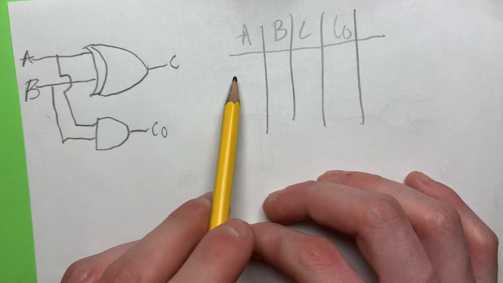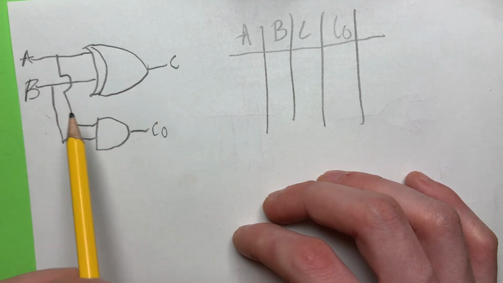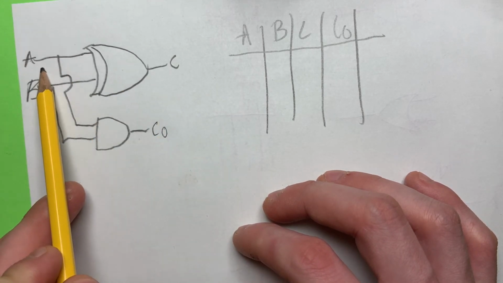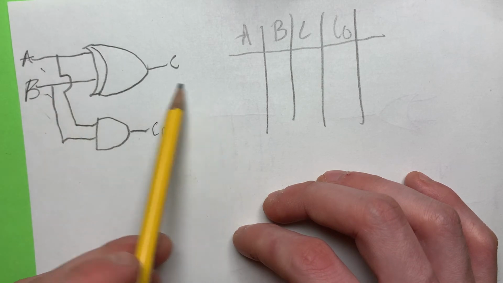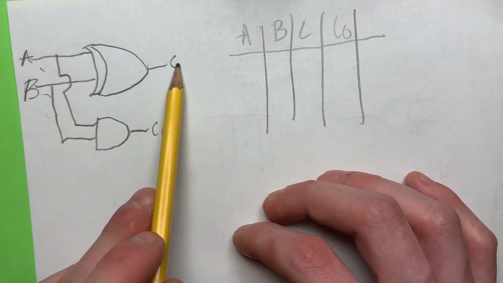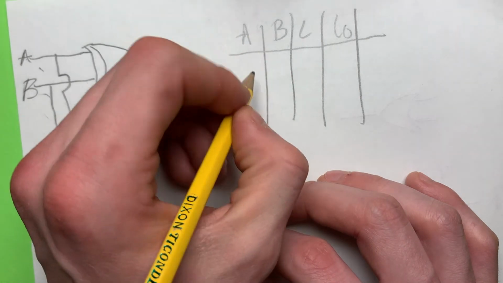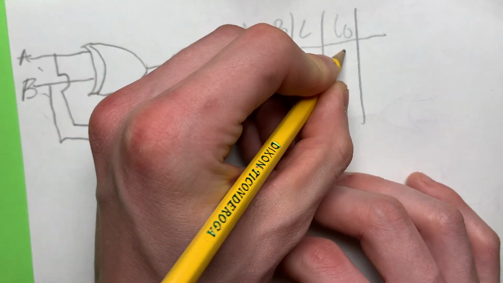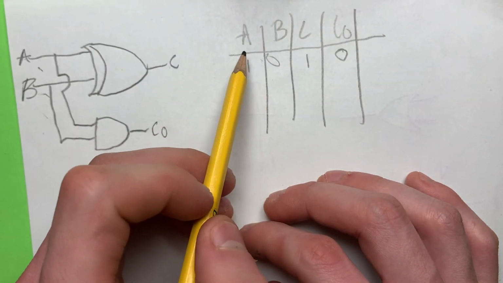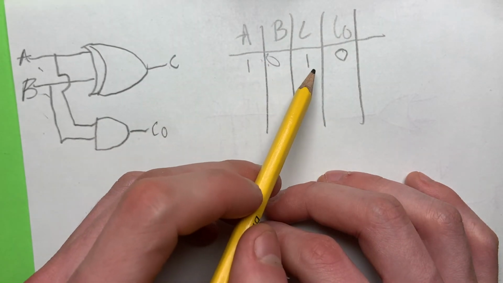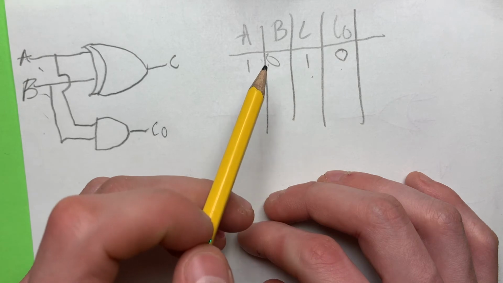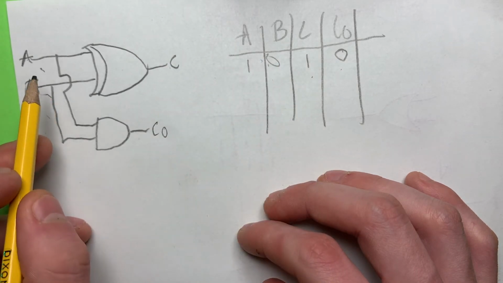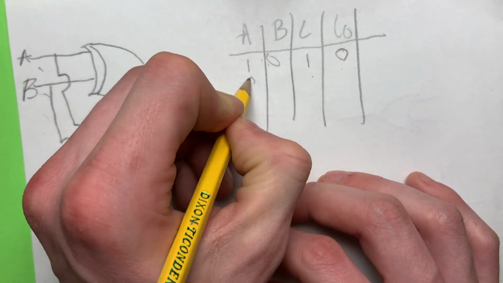Basically, we'll go through our truth table, and let's say A is on, but B is off. Well, that's going to produce a 1 for the exclusive OR gate, but it's not going to produce a 1 for our AND gate. So we get 1, 0. Now, let's say we vice versa it: 0, 1.